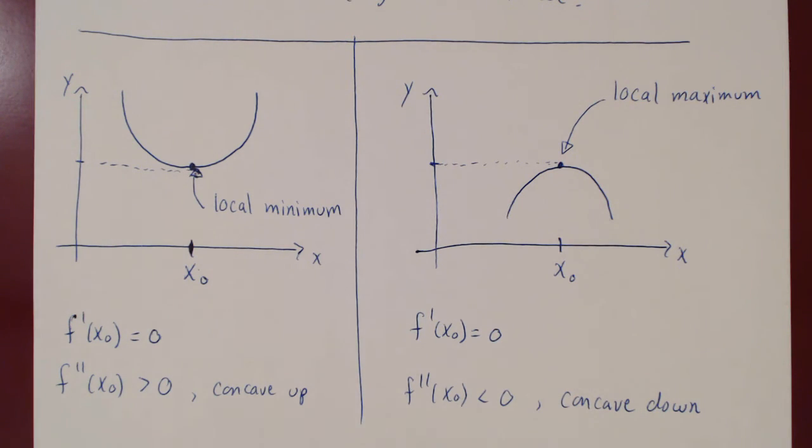And we will look for values of x where the second derivative is 0 or undefined to see where we may have a change in concavity. And with this, we now have all the tools to sketch any possible function you can think of. And so in our next videos, we will sketch graphs of functions using our knowledge of the first and the second derivative.